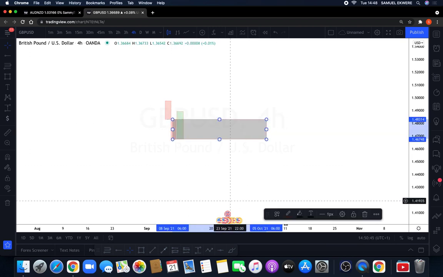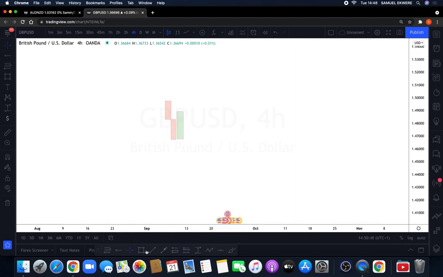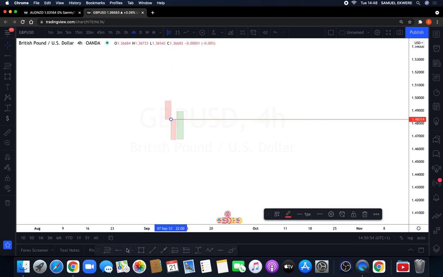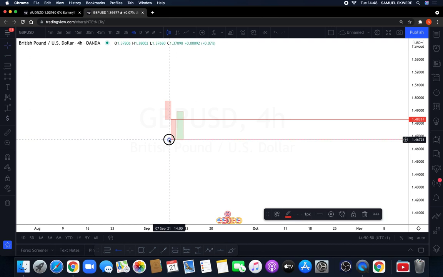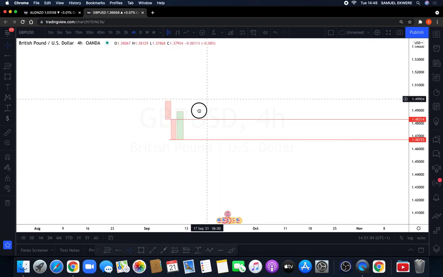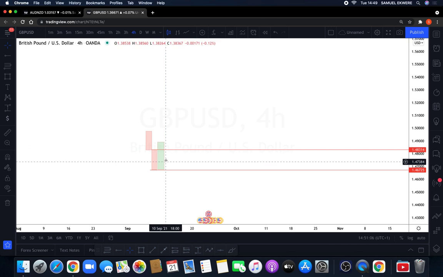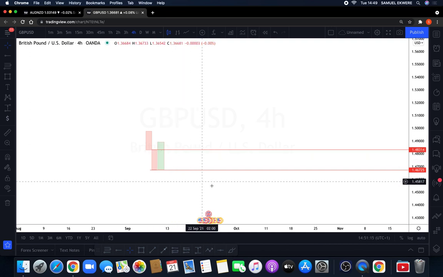Or you could possibly use a horizontal ray, just put a horizontal line at the open and at the beginning and the ending of the sponsored candle, which is this one. Now, this is going to be your point of interest, your POI, your area of interest. This is going to be where you'll be looking to enter the market.